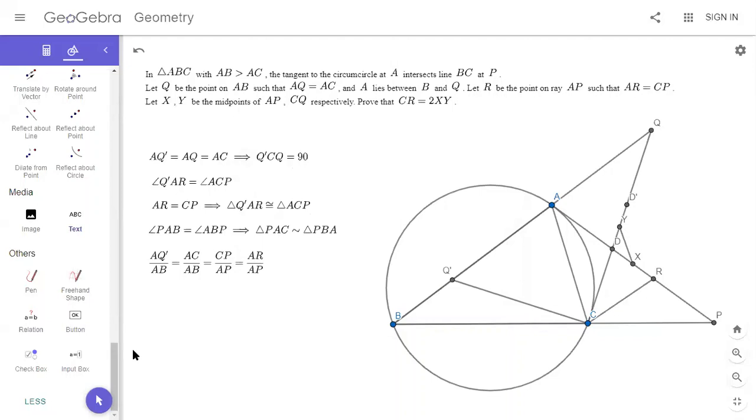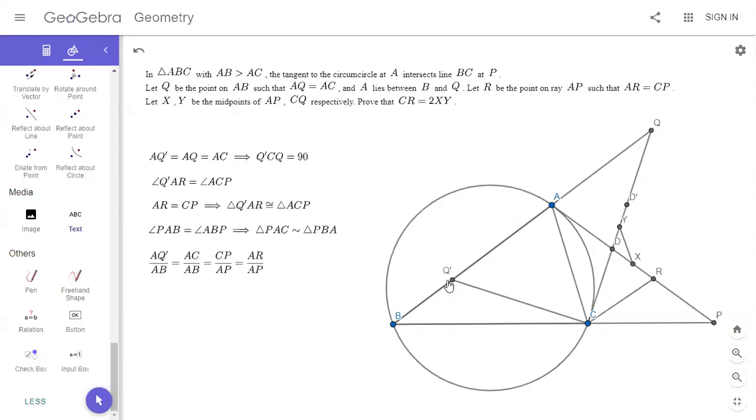Okay. And Q prime R is 2 times AX. And with an angle chase, we get angle CQ prime R is equal to angle XAY. Okay, so Q prime CR and XYA are similar triangles with a factor of 2, and therefore XY times 2 is equal to CR.